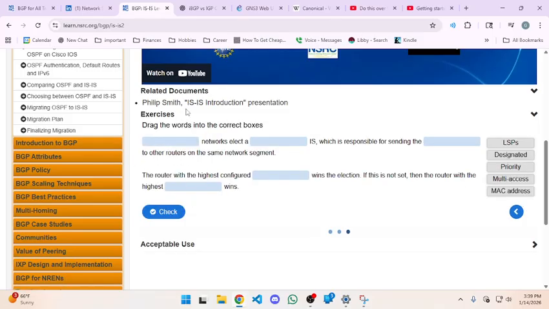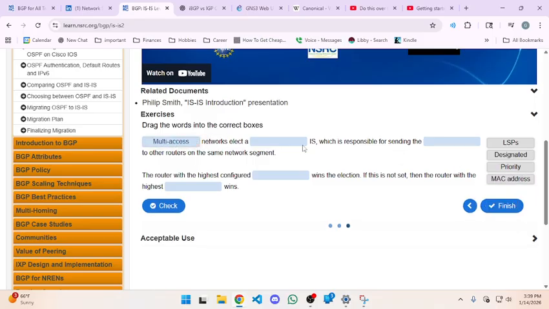Okay, so drag the words into the correct boxes. Blank networks, so this would be probably multi-access networks. Select a blank, so this would be designated IS, intermediate system, which is responsible for sending the MAC address to other routers on the same segment.